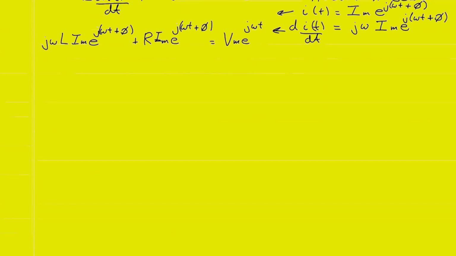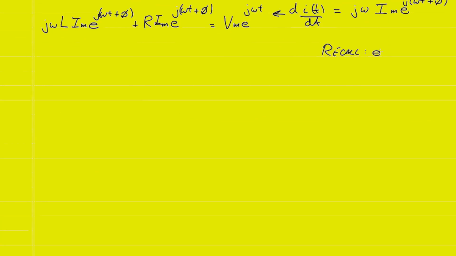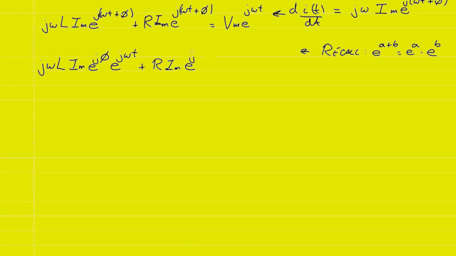Recalling the rules for exponentials, e to the a plus b is equal to e to the a times e to the b. We can rewrite our equation as j omega L times Im e to the j angle e to the j omega t, plus R times Im e to the j angle e to the j omega t, equal to Vm e to the j omega t.